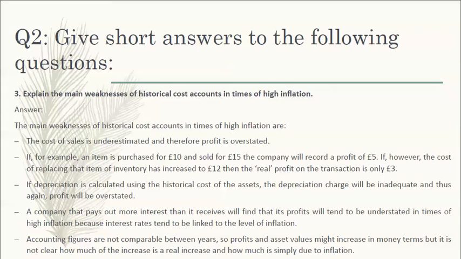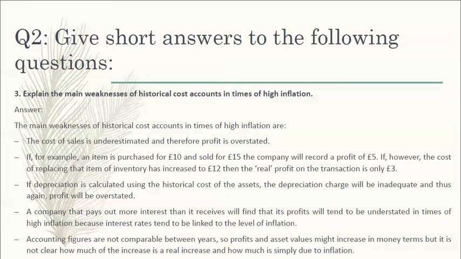So when a company pays more interest than it actually receives, the profits will tend to be understated in times of high inflation, as the interest rate tends to be linked to the level of inflation.